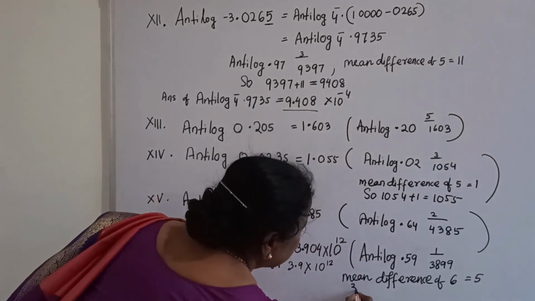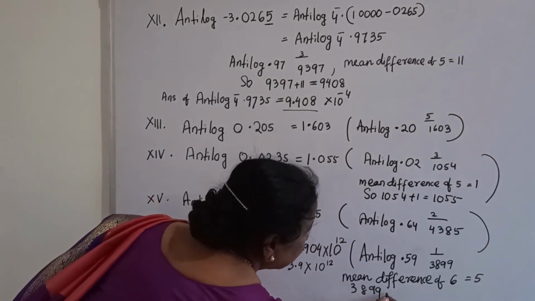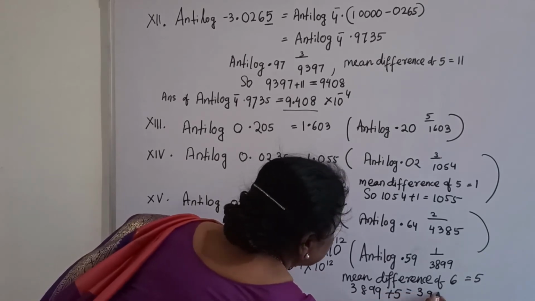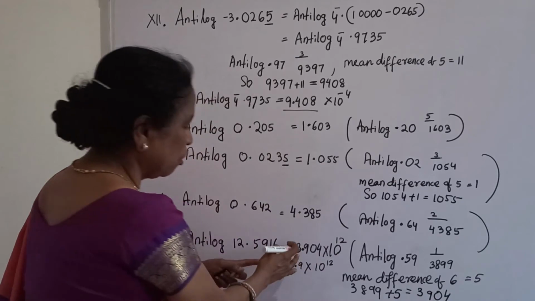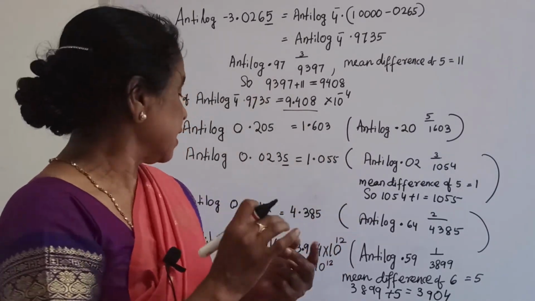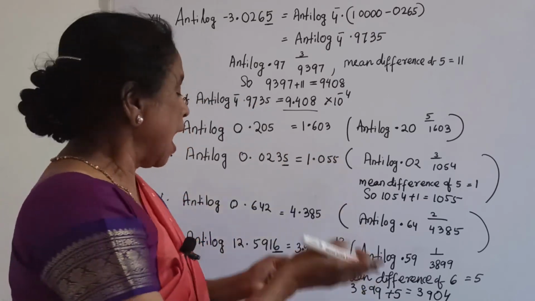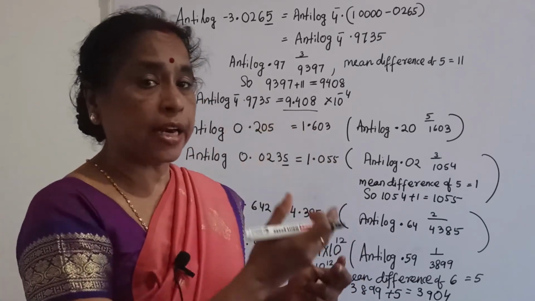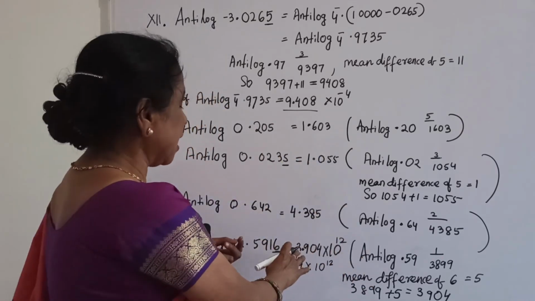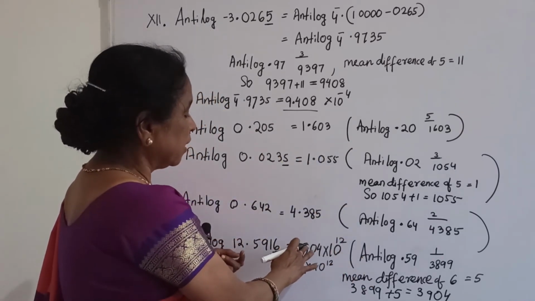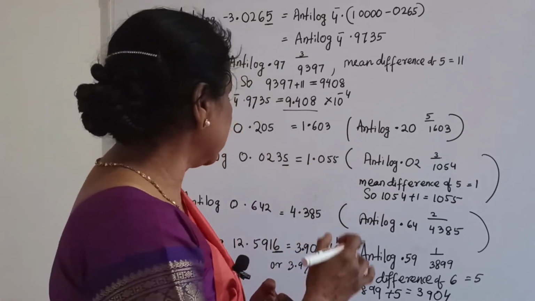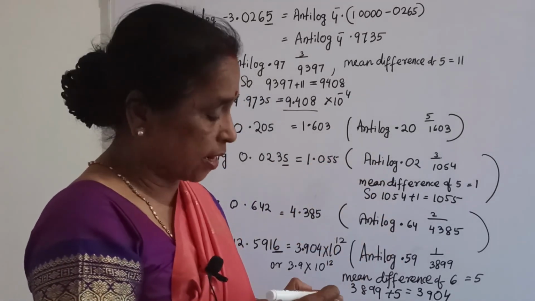That means 3899 plus 5 equals 3904. So you write 3904 times 10 to the power 12. And as I told you how to get the correct answer, after one digit you put the decimal. So the answer is 3.904 times 10 to the power 12. This is the correct answer.